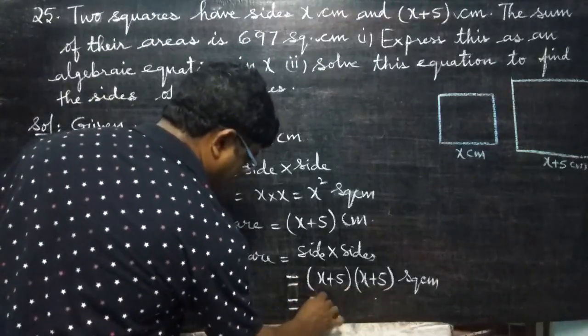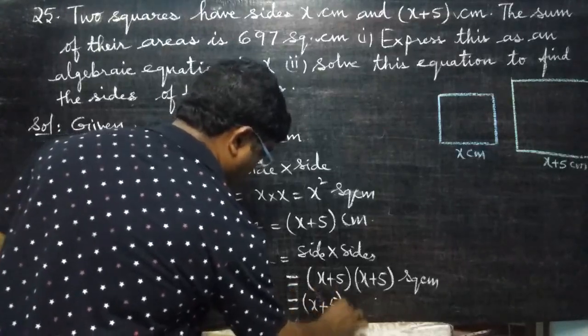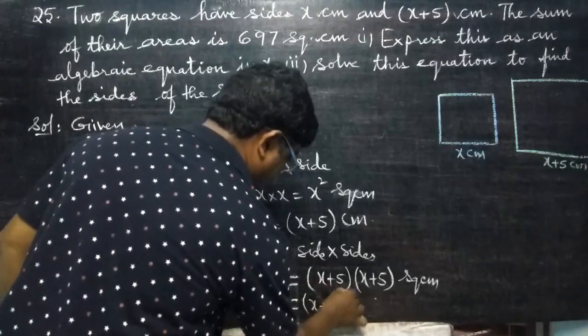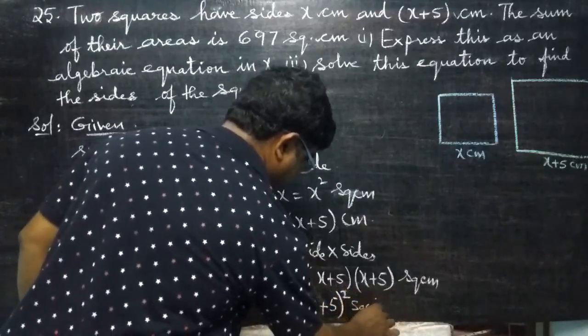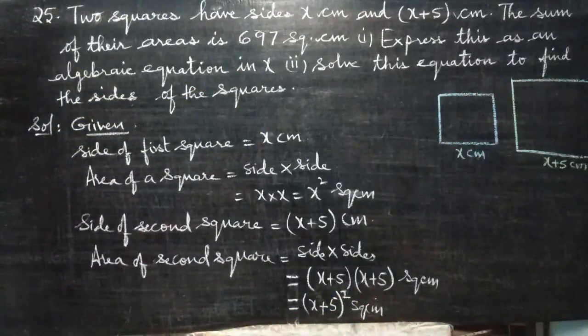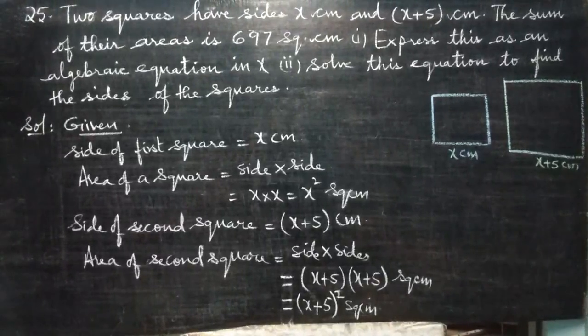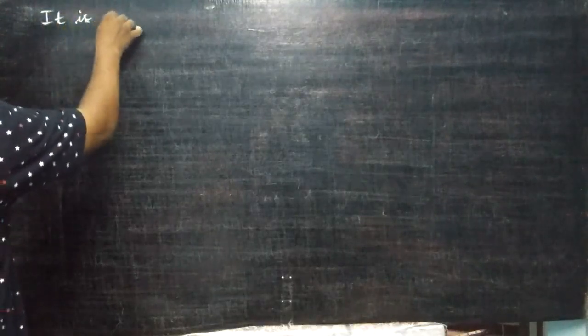So the area is x plus 5 whole square centimeters. Now it is in the form of the a plus b whole square formula.